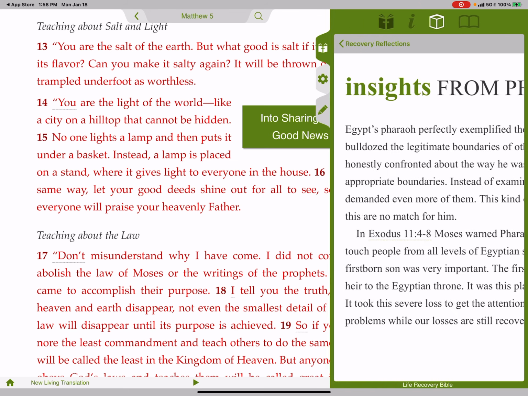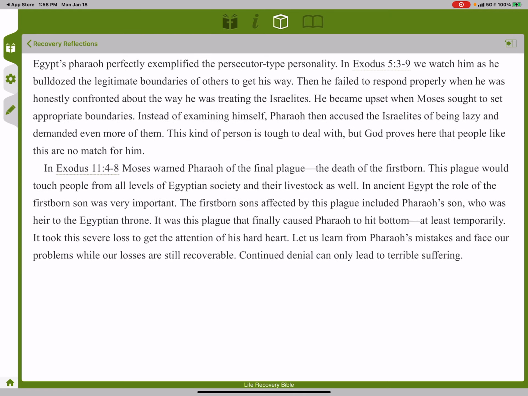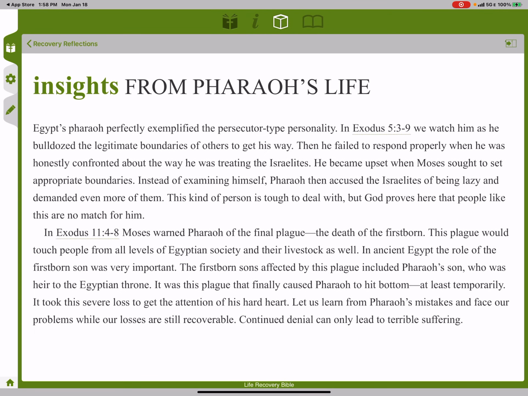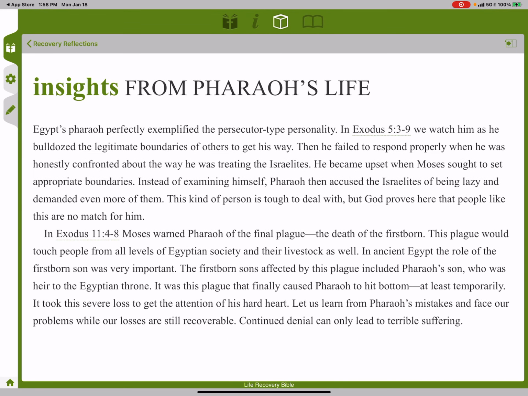So just take a quick look at that, and you can see it's not long at all, but again, you can stimulate discussion from that. There's no limit to the amount of things you can do with these articles and teachings.